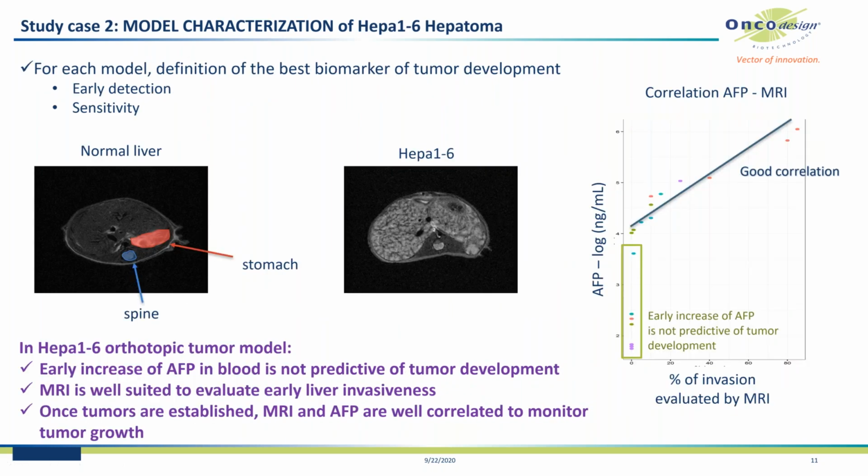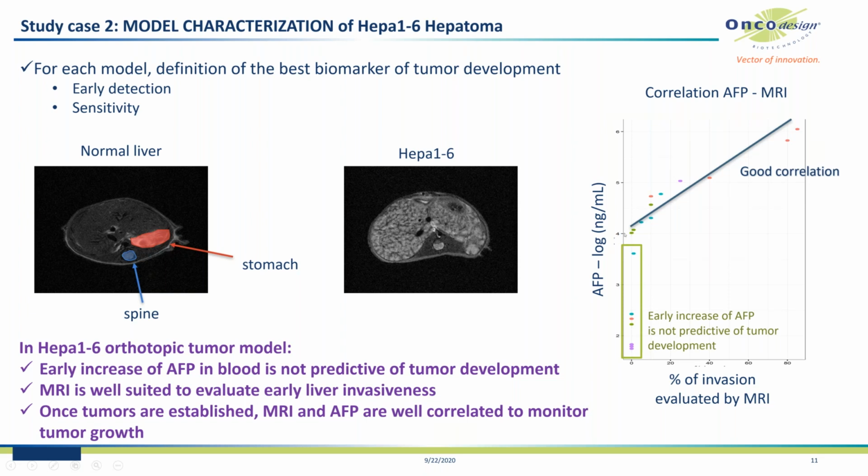We can also correlate the tumor development detected by MRI with the appearance of changes in biomarkers, like in this model of liver tumors, where we can correlate the level of alpha fetoprotein in the blood with the appearance of the tumor on MRI.